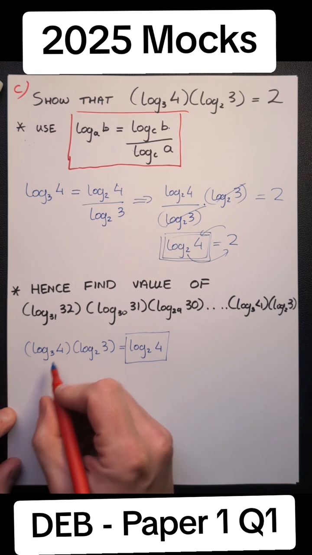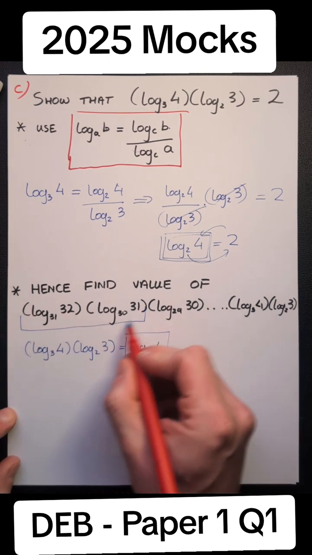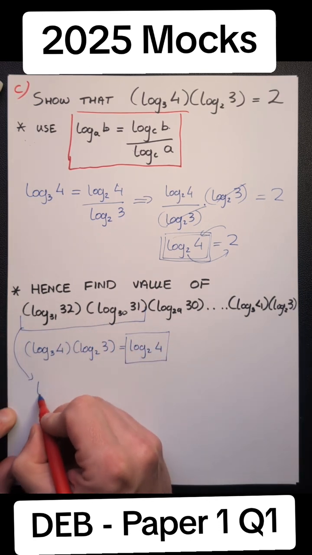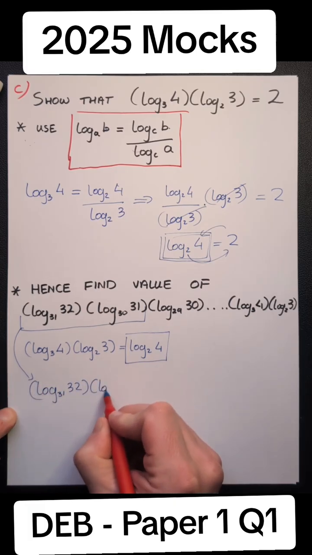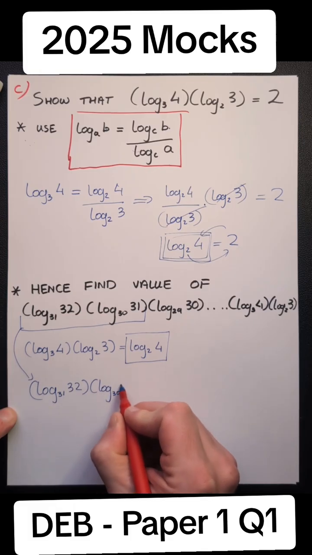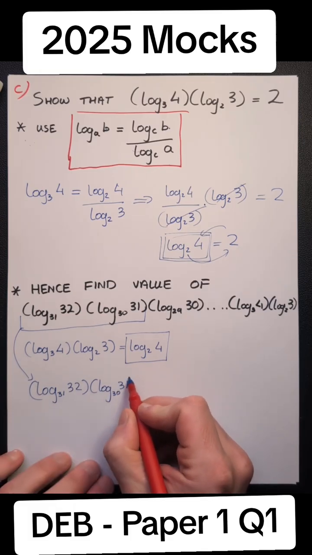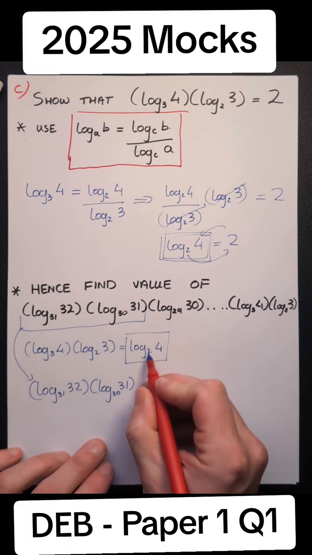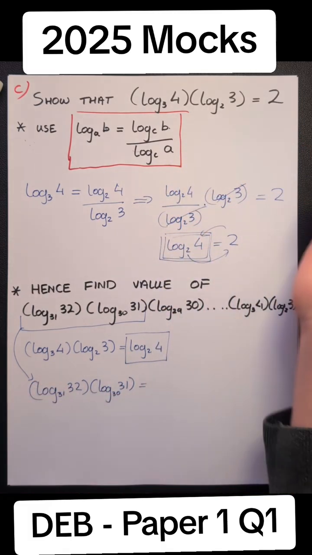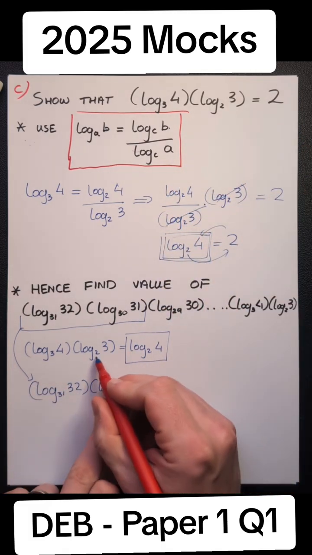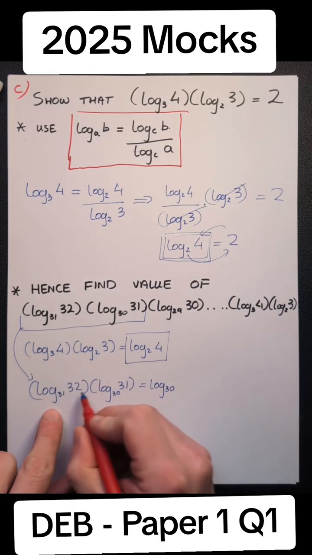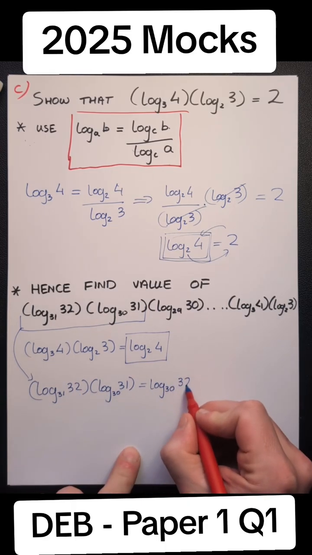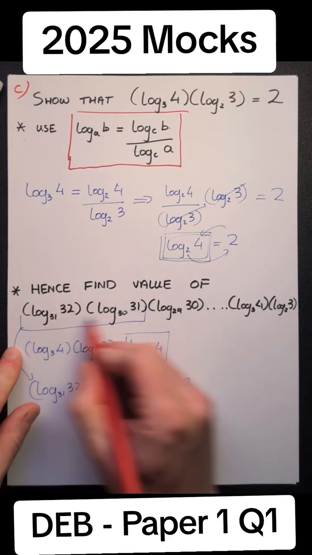So for instance, let me just take these two terms here, the log base 31 of 32 times the log base 30 of 31. By the same reasoning as this little identity we figured out from this one here, we can take the second base and say that's equal to the log base 30 of 32. Okay? So we know what these two things are equal to.